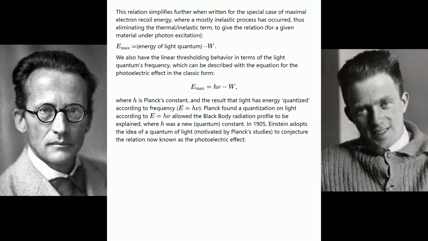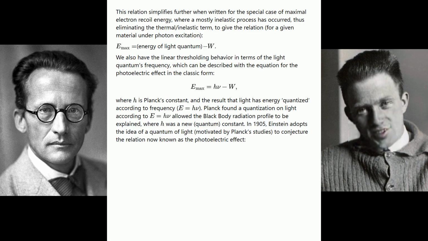This relation simplifies further when written for the special case of maximal electron recoil energy, where a mostly inelastic process has occurred, thus eliminating the thermal/inelastic term, to give the relation, for a given material under photon excitation, E sub max equals energy of light quantum, minus W.